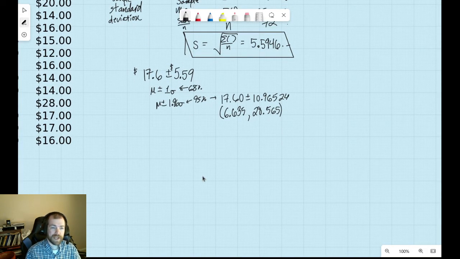So that's one of the ways in which this kind of statistics is oftentimes mishandled. It's like people will make that opposite correlation.